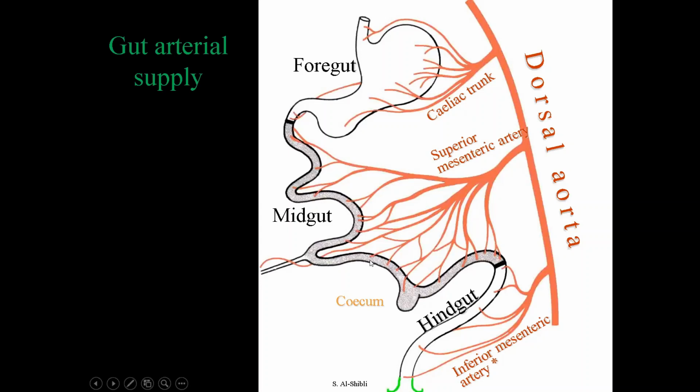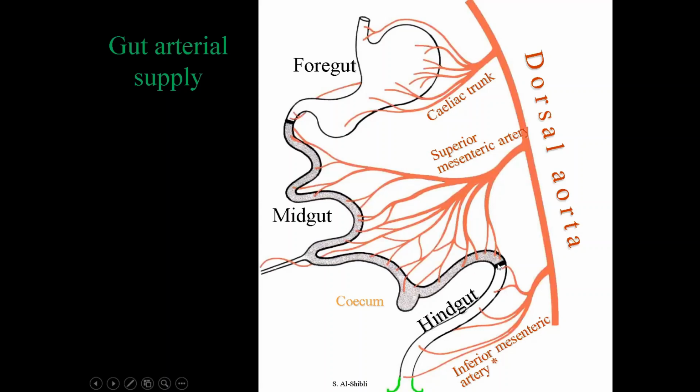The same goes for the midgut. All the structures belonging to the midgut, whether it is jejunum, ileum, cecum, appendix, ascending colon, and part of the transverse colon, drain their lymphatics to the superior mesenteric lymph nodes around the origin of the superior mesenteric artery at the level of L1.